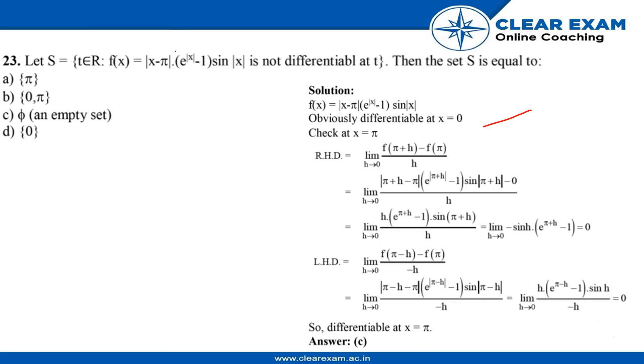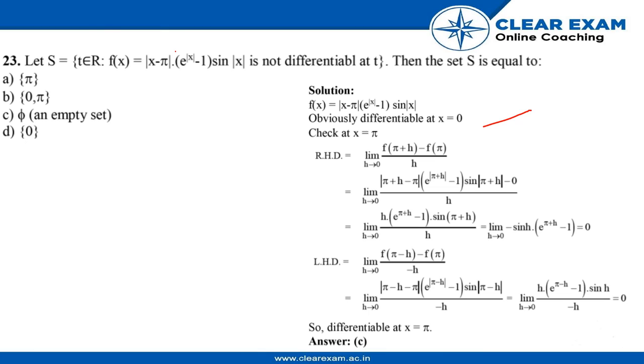Now we will solve the left hand derivative, which is [f(π − h) − f(π)] / (−h), which is another formula. So after putting the values in this formula, we have limit h goes to 0 of |π − h − π| (e^{|π − h|} − 1) sin|π − h|, upon −h.